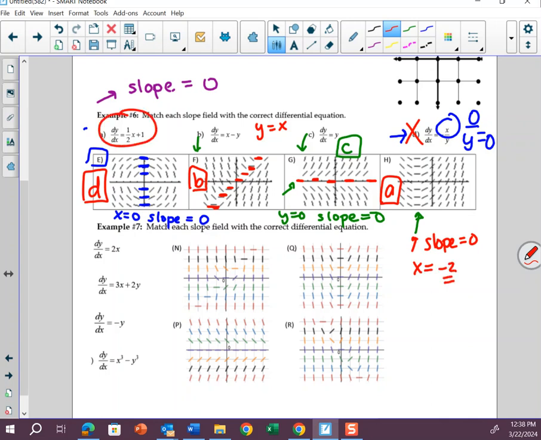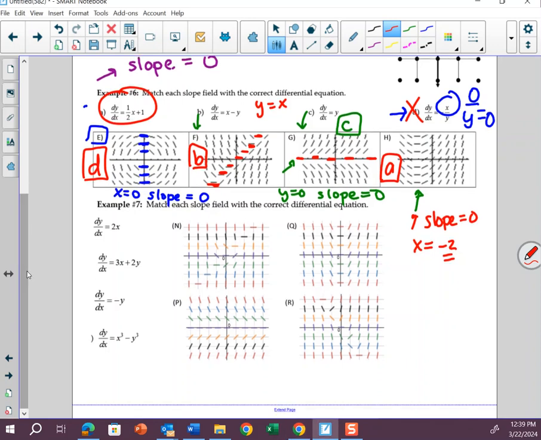Because if you took this equation and plugged in x is -2, 1/2 of -2 is -1, plus 1 would make 0. So for me, 0 slopes helps. The 4 you're going to try to match up in example 7 are a little bit trickier. Okay. But 0 slopes is definitely one of the things that you can look for. All right.